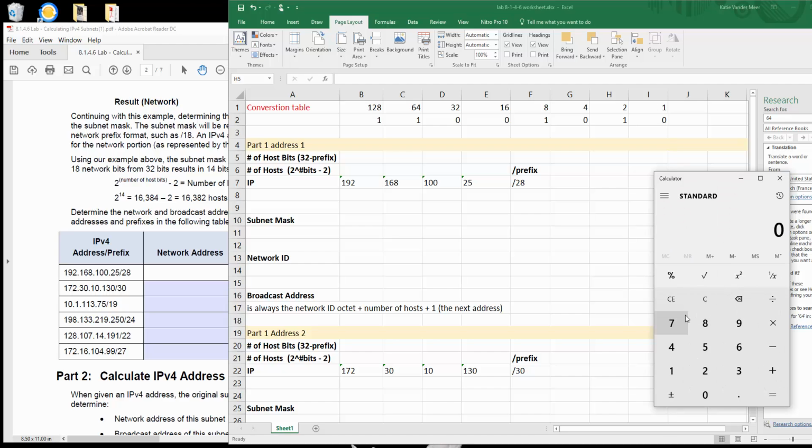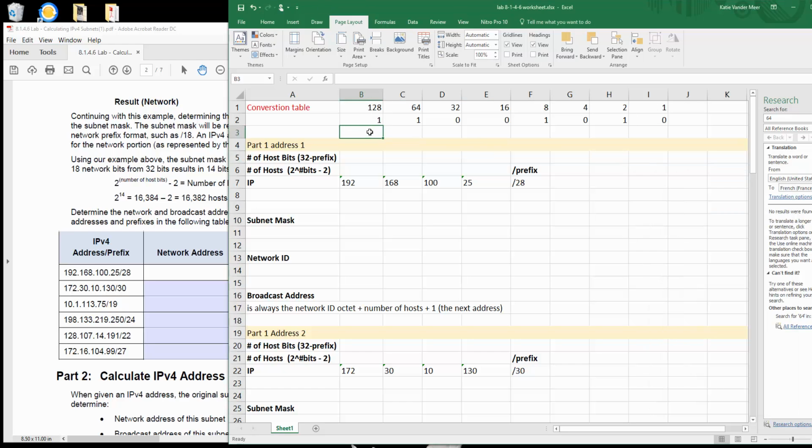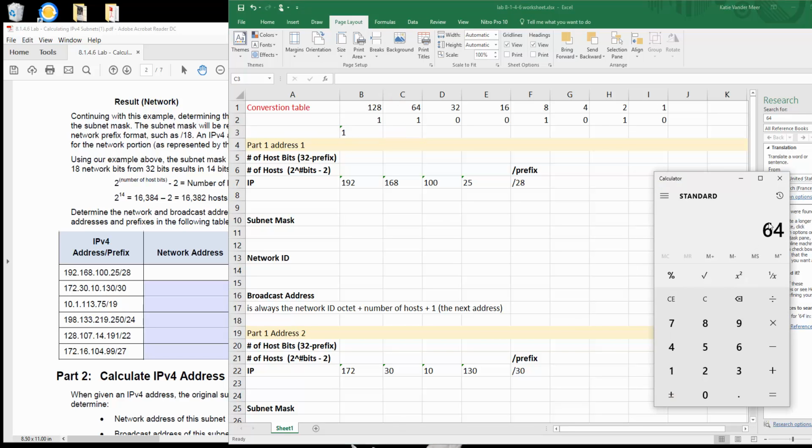Can you subtract 128 from 192 without going negative? So you do that math, 192 minus 128. You can do that without going negative, so you put a 1 right here in that first spot. And then you go to the next number and look at what you have left. Okay, so I have 64 left.